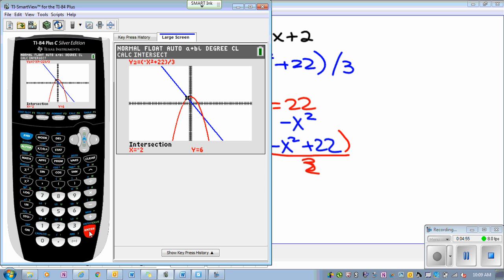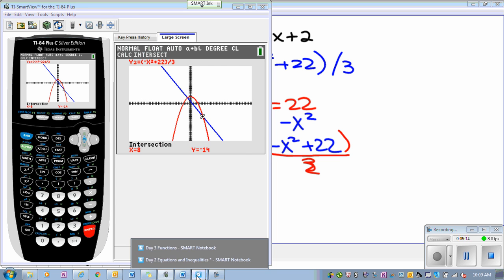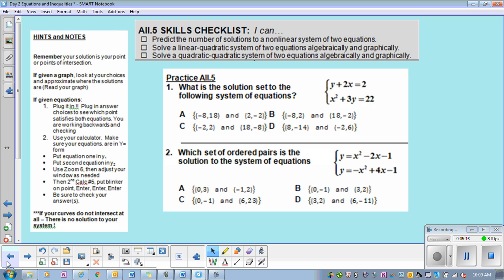Yeah. Do the same thing with the other one: second trace, intersect. I'm going to move my blinking bob close to the other one, not right on it. Hit enter, enter, enter. 8, negative 14. So, which one is that then? A, B, C, or D? Yep.